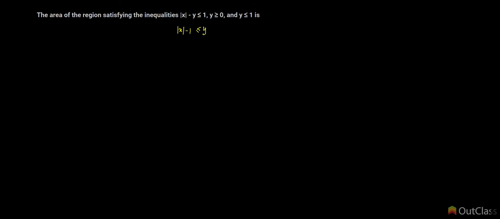Rest are fine. Let's draw the axis. You have your y axis, your x axis. Y greater than or equal to mod x minus 1. First draw y equal to mod x minus 1 and then figure out which side of it is what we want.